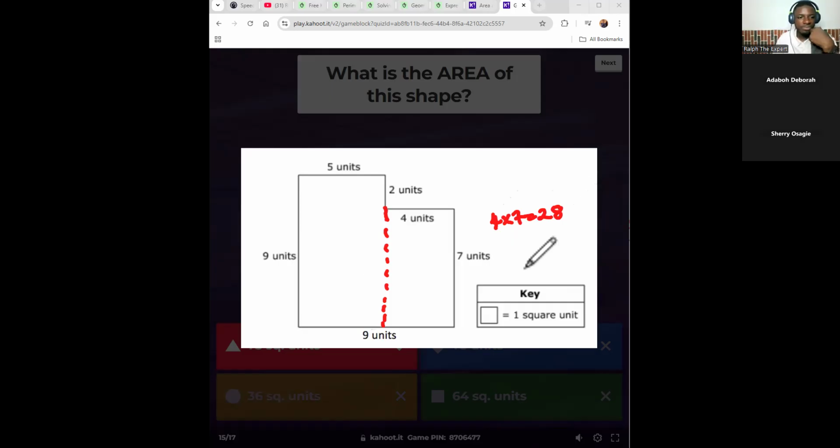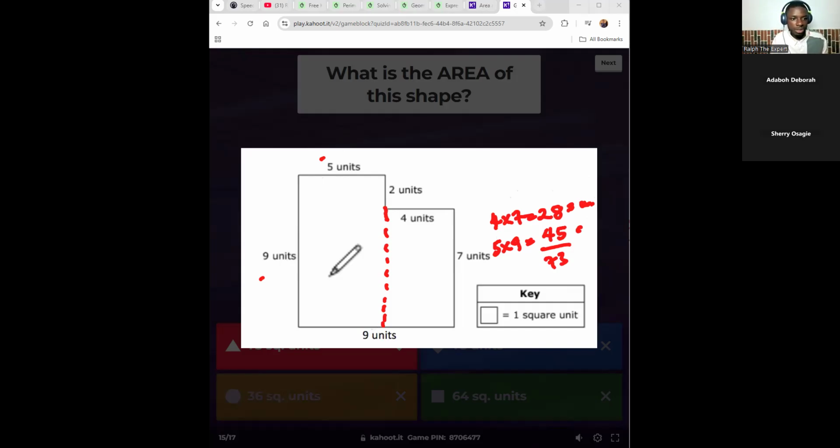Yeah. And the other one will be 5 times 9. That will give us 45. With this we are able to add up the square units here. Then we have 73 square units. Yes. So let's continue.